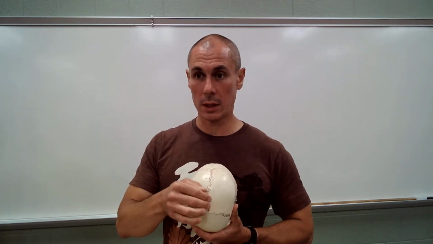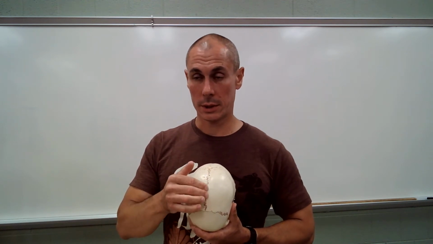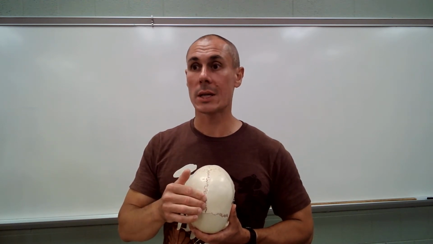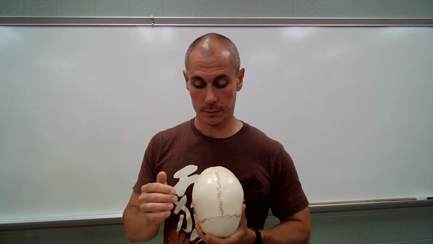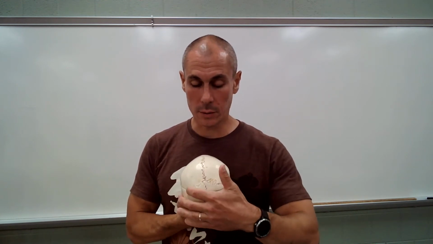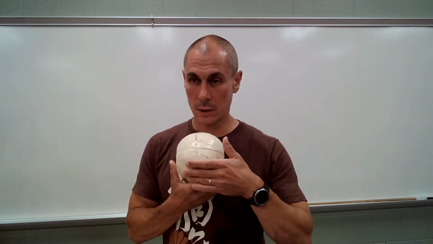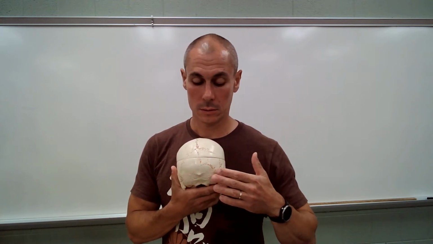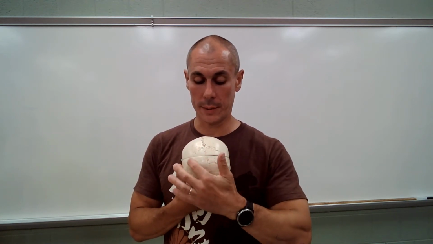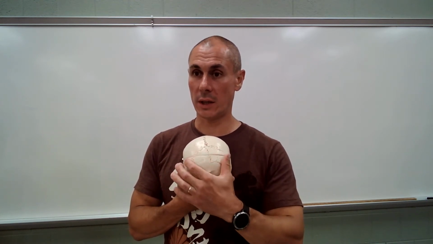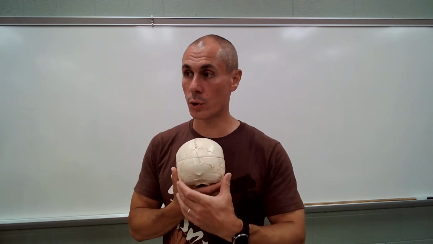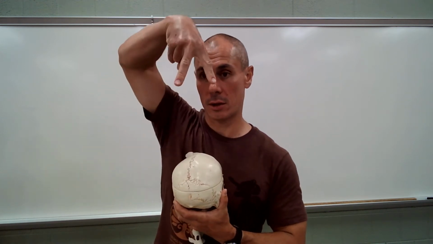Parietal bones right here are separated by the sagittal suture. If you look in the back of the skull, the occipital bone is separated from two parietal bones by the lambdoid suture. It looks like a Greek letter lambda.